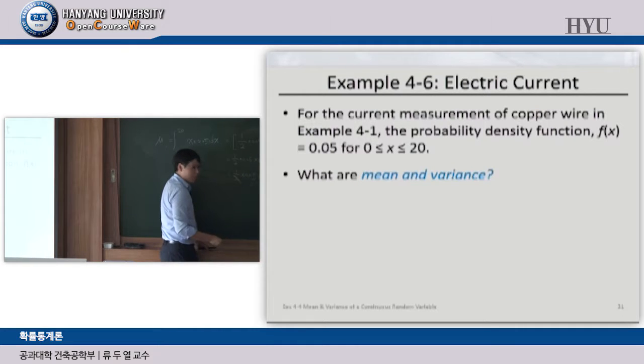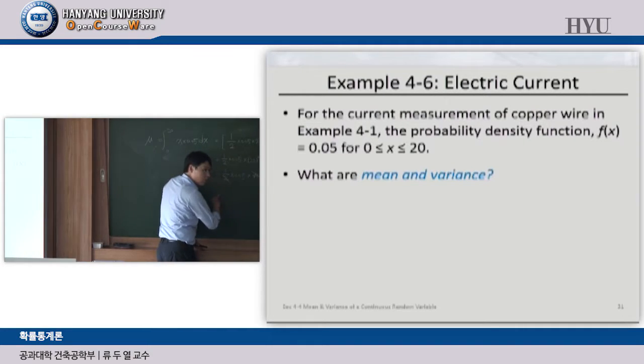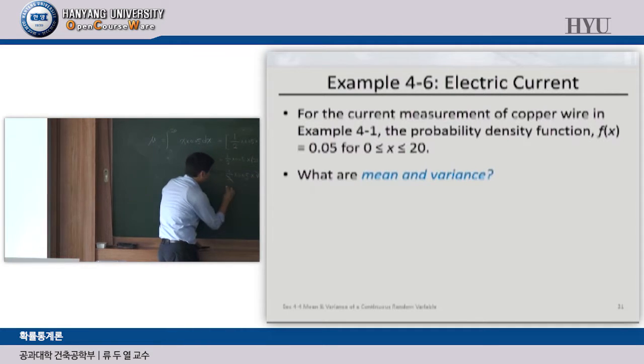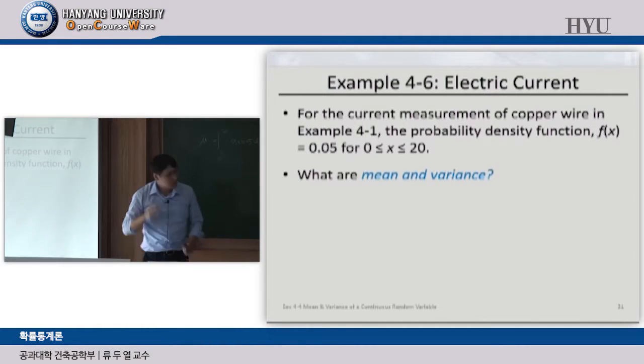So 2 can be eliminated by dividing 400 by 2, and 200 is left. So the final value will be 10. Okay? So that's the mean for the previous example 4-1.